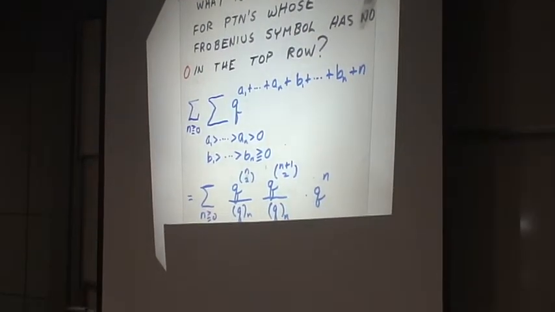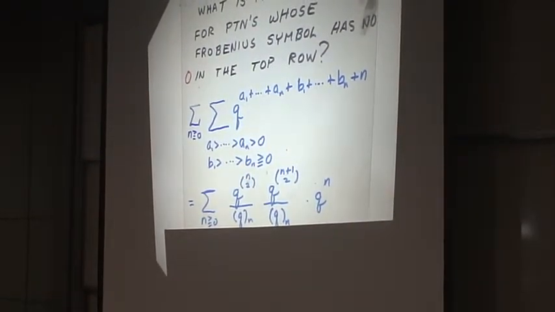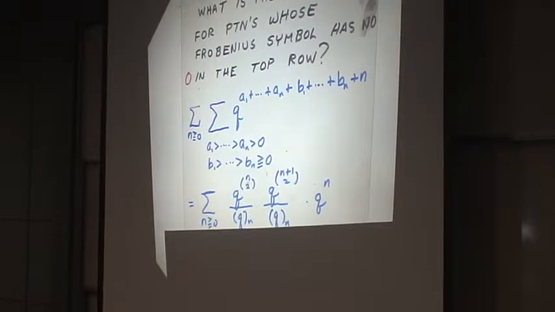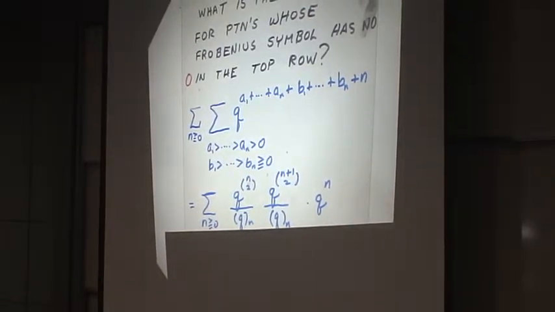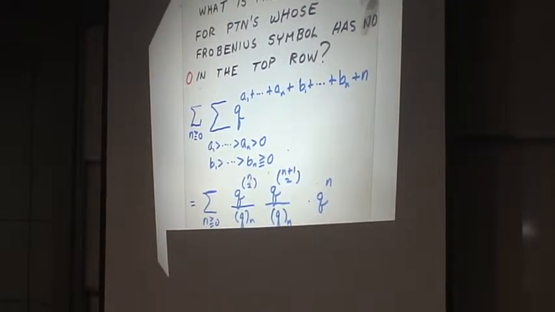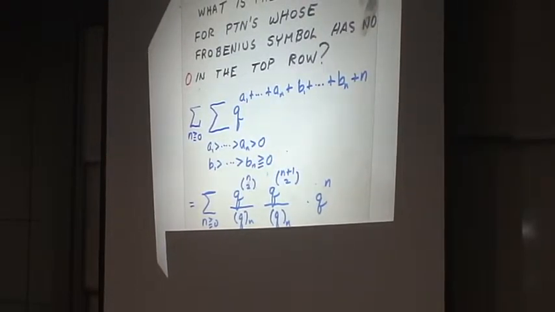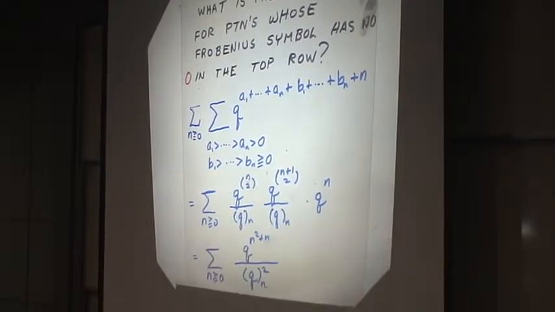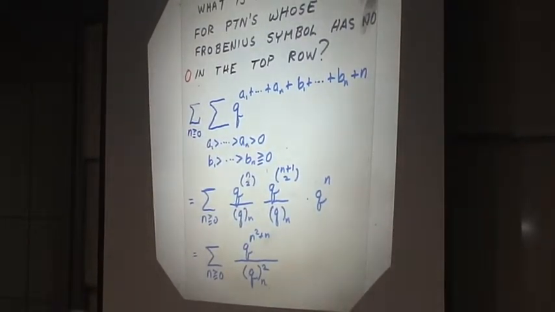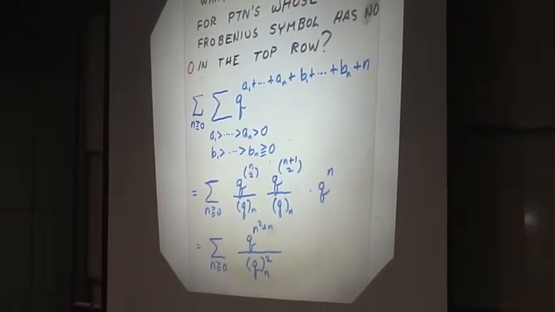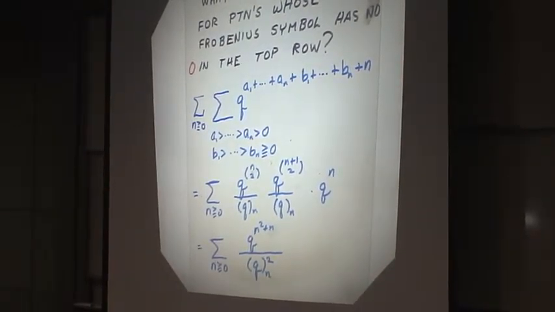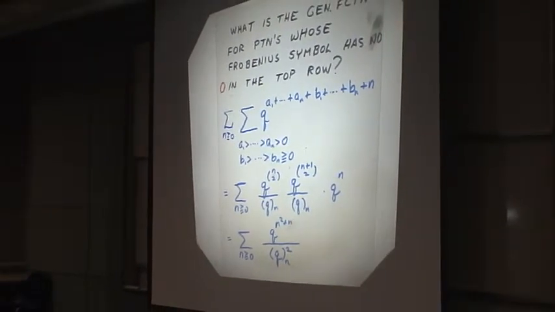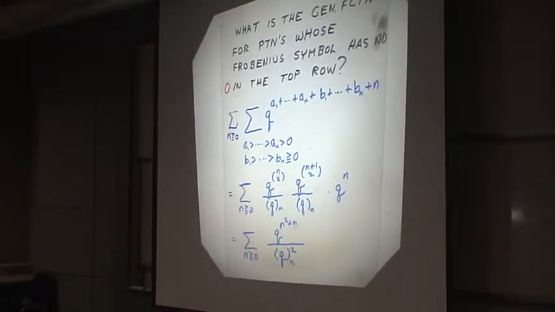You sum up, noticing that you have generating functions for partitions into distinct positive parts with the A's, and distinct non-negative parts with the B's, and so you get these two finite standard generating functions. You put all this together, and you have a series that looks very much like one of the classical formulas for the partition function, but it's just not quite right because of that plus n there.